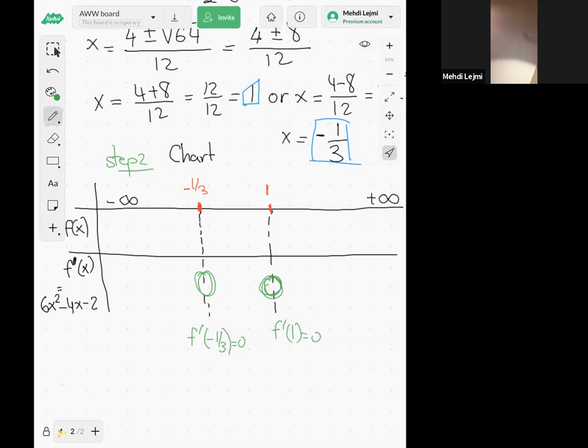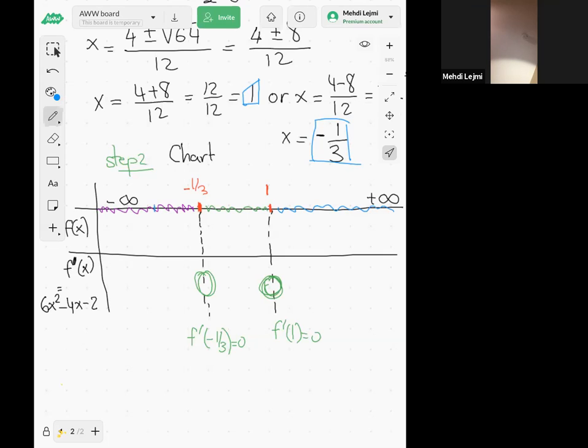Now, I have 3 different intervals, right? The first interval from negative infinity to negative 1/3, the second interval from negative 1/3 to 1, and the third interval from 1 to positive infinity. Now, I'm going to figure out the sign of f prime of x. I'm going to pick a random number from each interval.